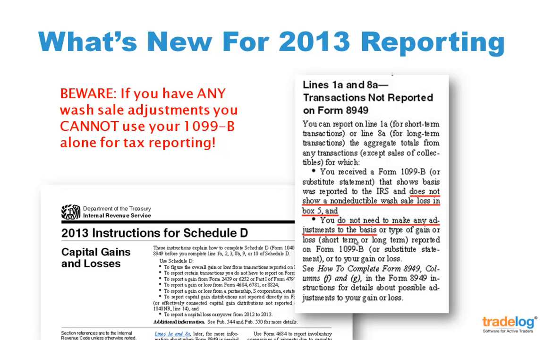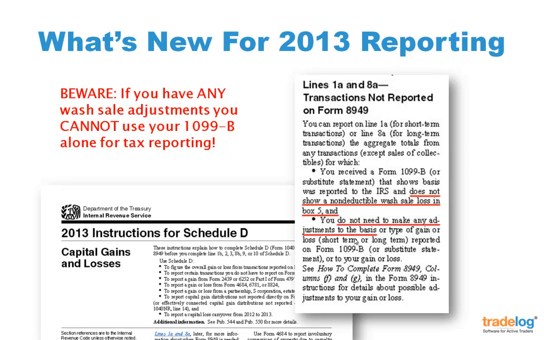Think about it this way. These lines on the Schedule D are for those people that maybe sold some stock they've been holding forever, or that they inherited. They maybe had 1 or 2 transactions the entire year. Wash sales don't even come into play. It's very straightforward. The broker put it on the 1099-B. That's all they have to do. So the IRS is making it easy for those people.